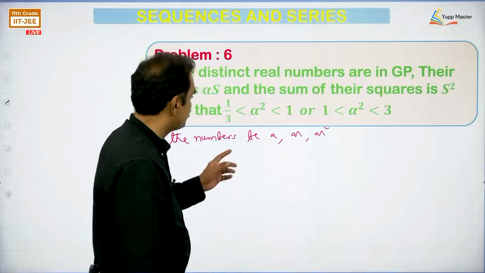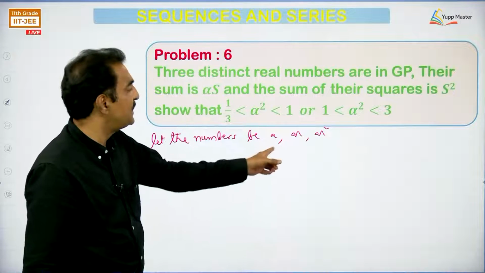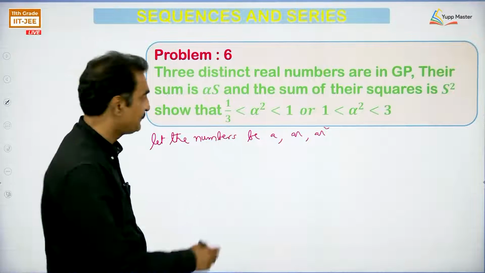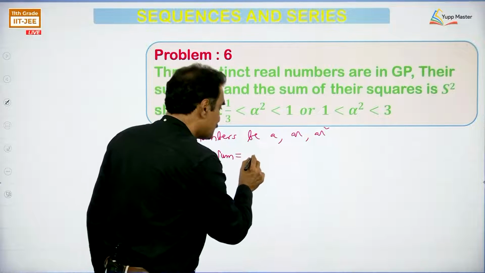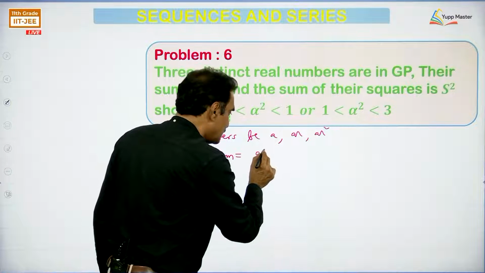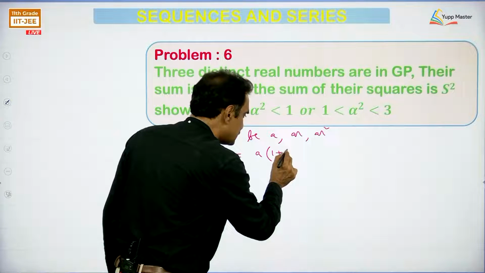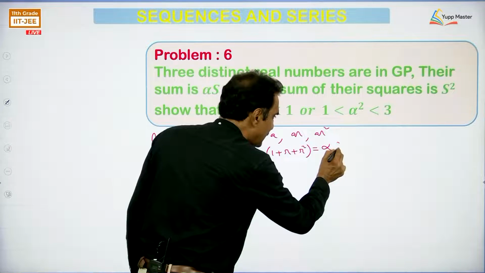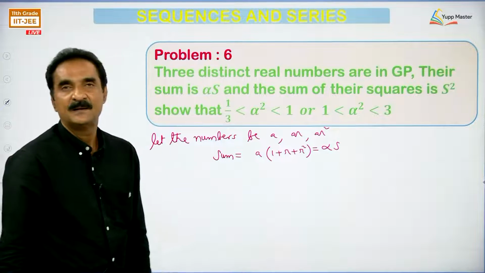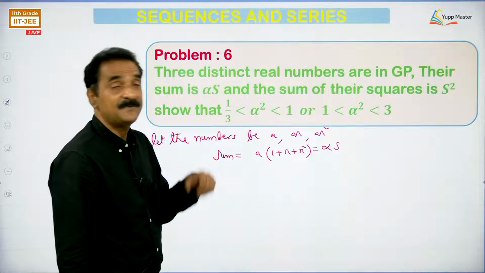Alright. Now the sum of the 3 numbers is alpha s. Sum is equal to, if you take A common, A into 1 plus R plus R square, it is given as alpha into s. Next, sum of the squares.